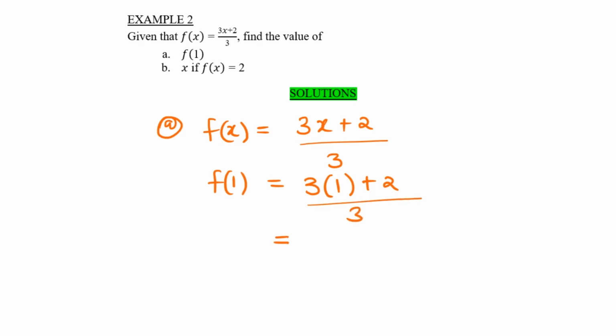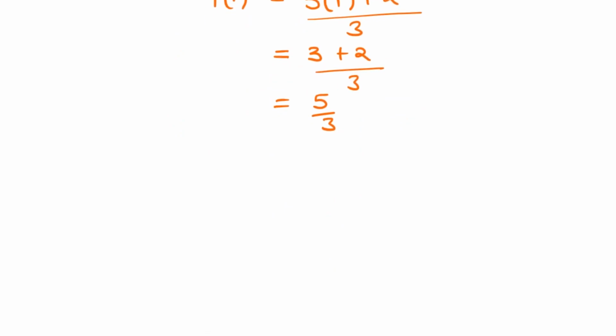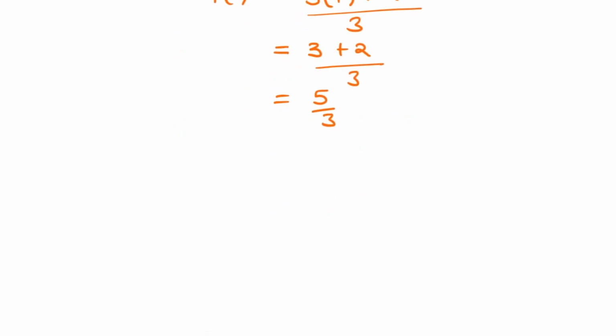Alright, so 3 times 1 is 3 plus 2 over 3. We add 3 plus 2 is 5 over 3. You can simplify further by dividing 5 by 3 to just give us a 1, and we remain with a 2 as a remainder over 3.